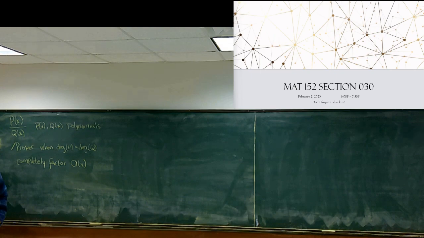Linear factor, x minus a, or irreducible quadratic, ax squared plus bx plus c, meaning it has no real solutions, has no real zeros. Those are the two types. Factors can be repeated. So you actually have 4 scenarios to deal with.